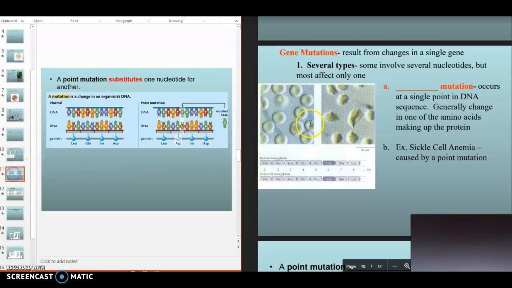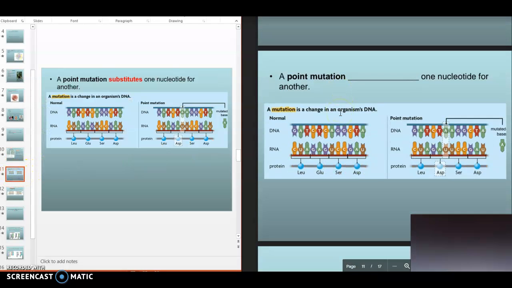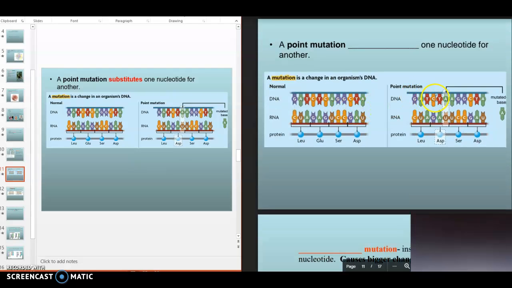Okay. This next one is called a substitution. So this point mutation here is where we take out a single base and we stick in another base. And you can see here it goes GAT, CTC. You notice I'm doing it in threes, AGG, and CTA.